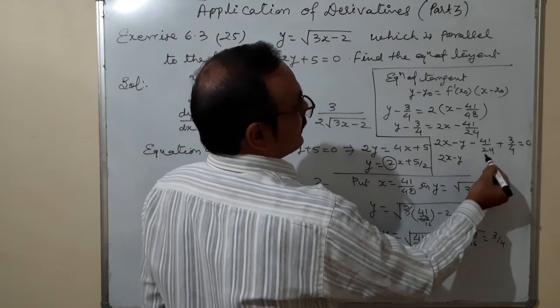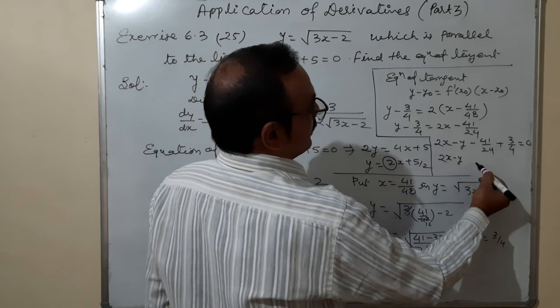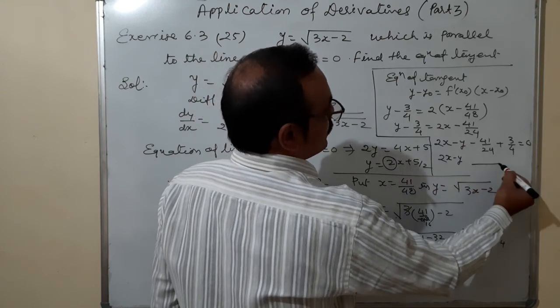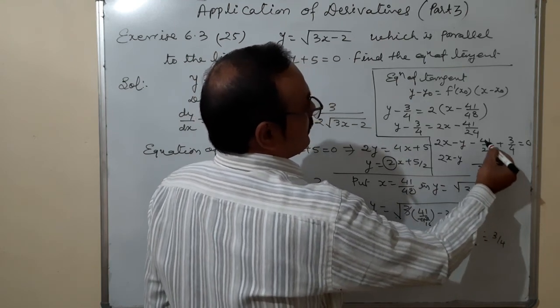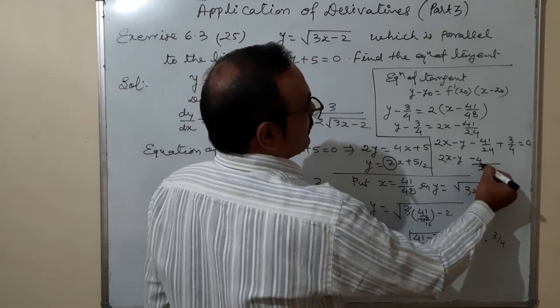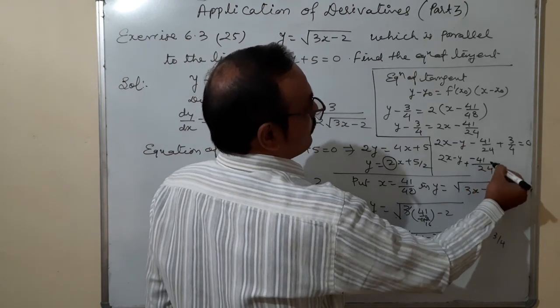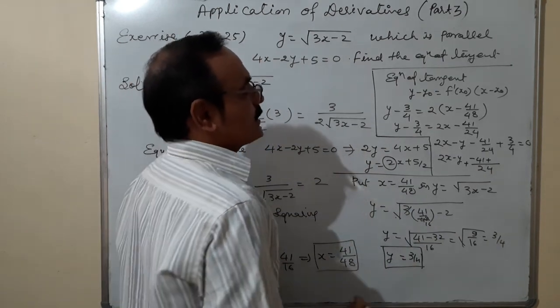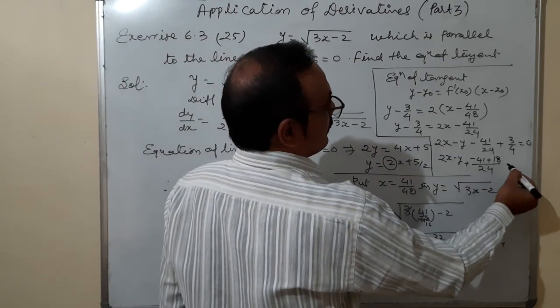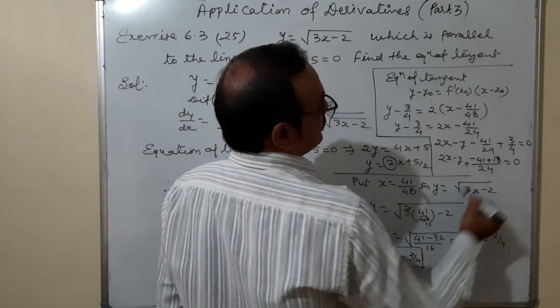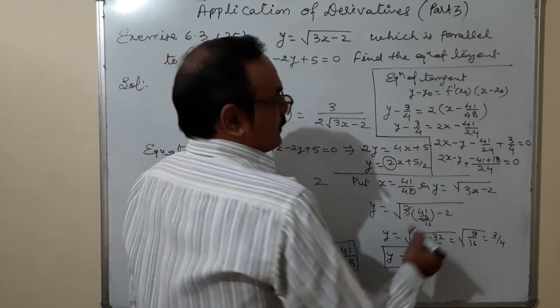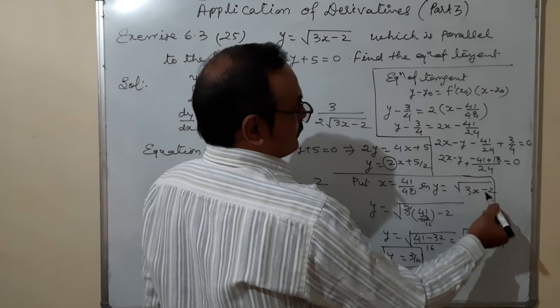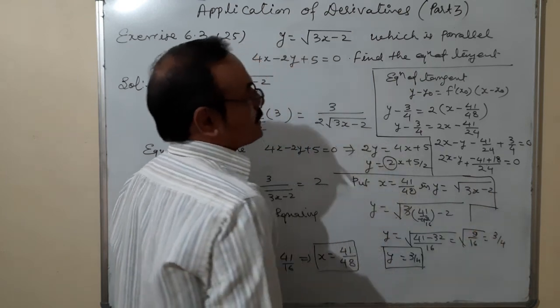2x minus y, and here I take the LCM. So LCM is coming 24. It is minus 41 plus 4 sixes are 24, 4 sixes are 24, and 6 threes are 18, is equal to 0. Okay. So that means what is coming here?